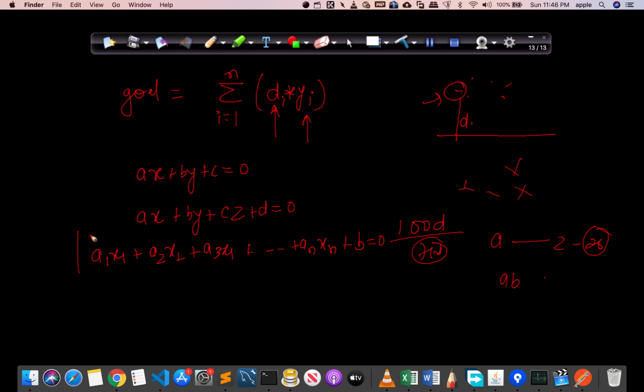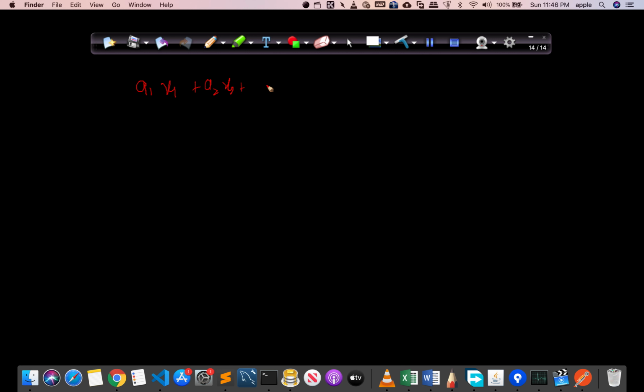From now on, we will use this notation to represent our hyperplanes, because the other method is not feasible. So now I will introduce you to the next step. This a1 x1 plus a2 x2 plus an xn plus b equals 0.